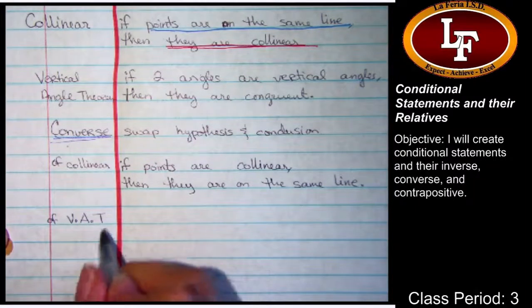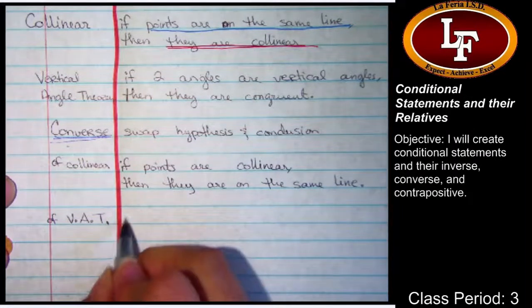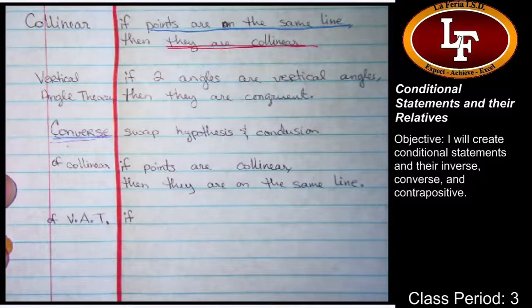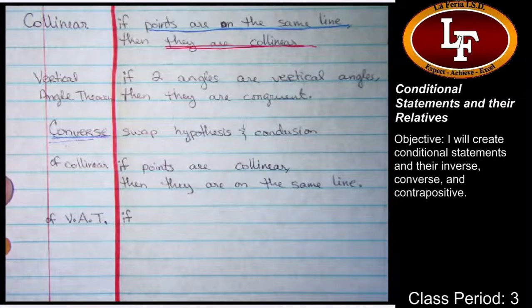What's the converse of the vertical angle theorem? Look back at the original conditional. If vertical angles are congruent, then there are two angles. Close. If angles are congruent, then they are vertical. How many angles? Two.